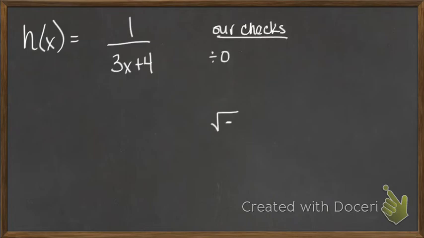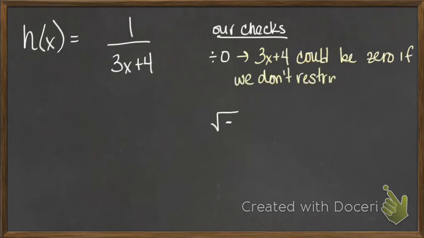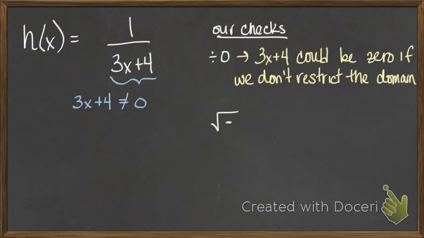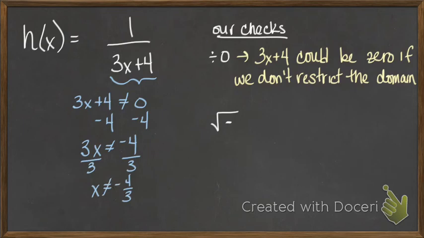Now we have a denominator. Do we worry about whether or not we're going to divide by 0? Absolutely. 3x plus 4 could potentially be 0. Keeping that in mind, we don't want it to equal 0, so we will write ourselves an equation that says 3x plus 4 does not equal 0 to figure out what value we don't want x to equal. Working that through, x is not equal to negative 4/3.